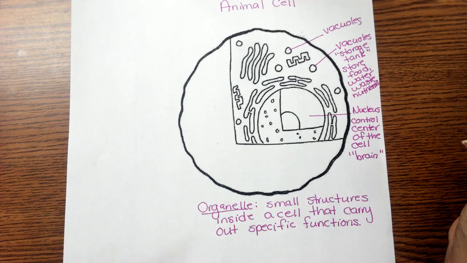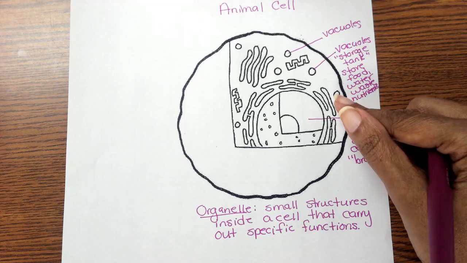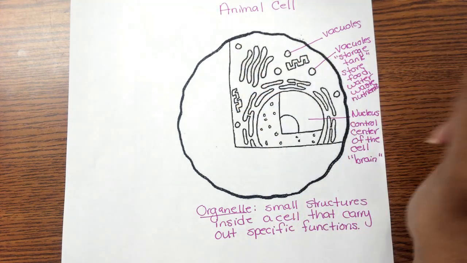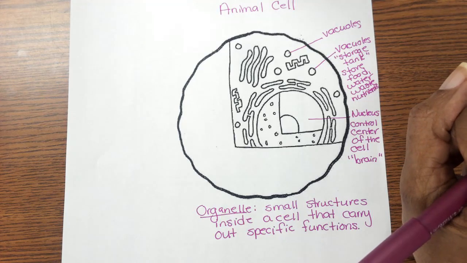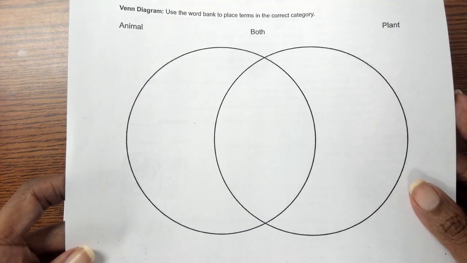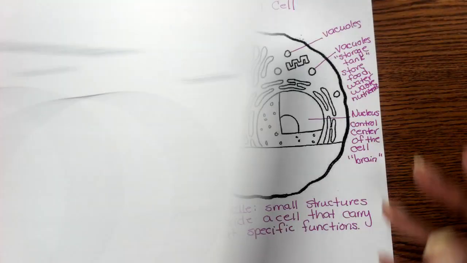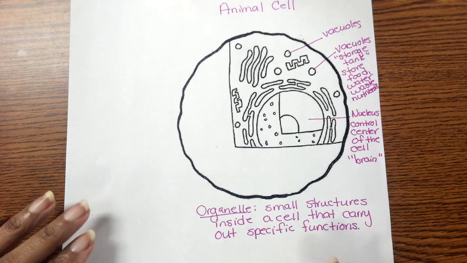And that's another difference between a plant cell and an animal cell, is an animal cell has numerous very small vacuoles, whereas a plant cell has one large vacuole. Okay, but we'll talk about that when we get to this Venn diagram. We'll go over that. But I just wanted to point that out as I'm labeling these cell parts. Okay?